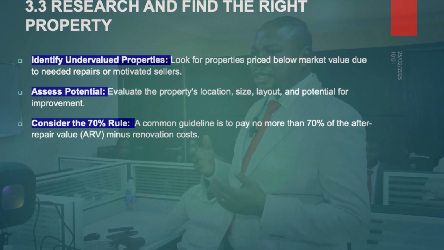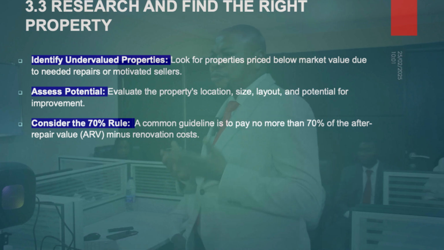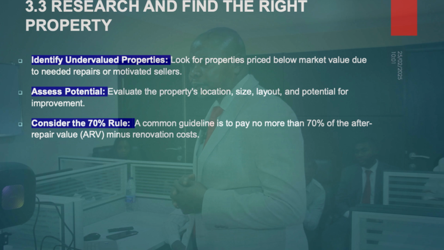Research and find the right property. You understand me? Identify undervalued properties. Look for properties priced below market value due to needed repairs or a motivated seller. Do you understand me? So as we said at the beginning, the key to succeeding in this model is that the property is undervalued.